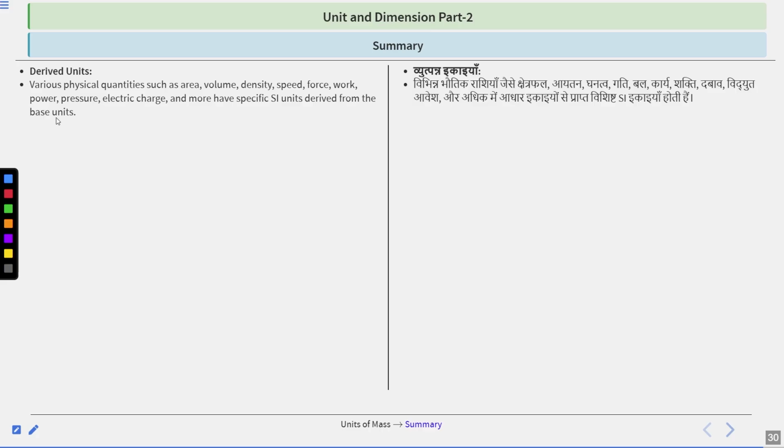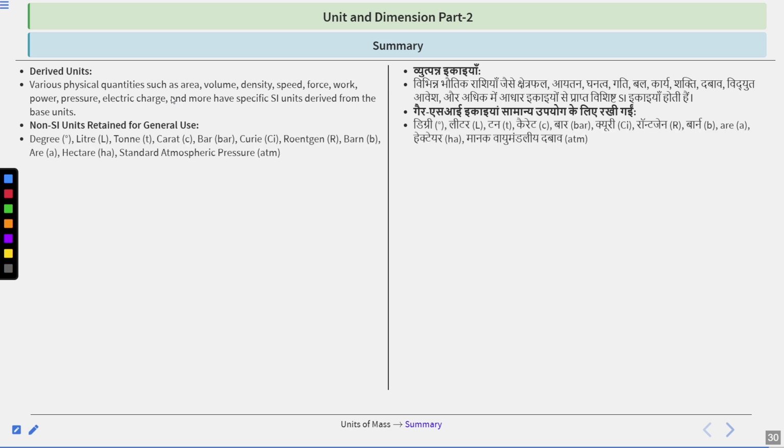For derived units, we had talked about various physical quantities like area, volume, density, speed, force, work, power, pressure, electric charge, and more, which have specific SI units derived from the base units. Non-SI units accepted for general use, we had talked about like degree, liter, ton, carat, bar, curie, Roentgen, ban, are, hectare, standard atmospheric pressure.